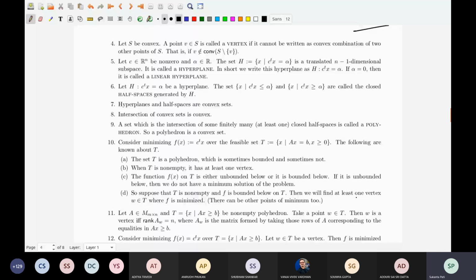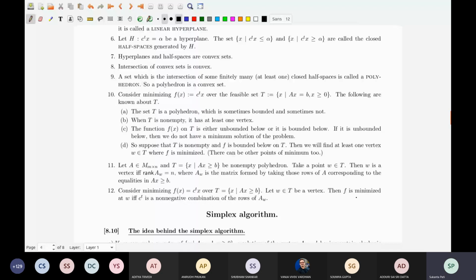Then we talked about the fundamental theorem of linear programming: if we have written a set in Ax ≥ b format and w is a vertex, which linear functions will be minimized at w? These will be the non-negative combinations of rows of A_w. That is point number 12.